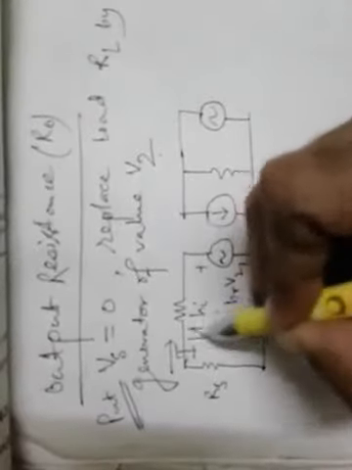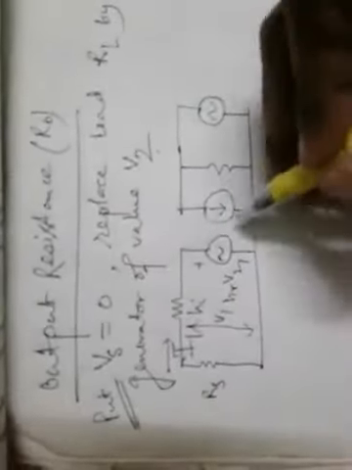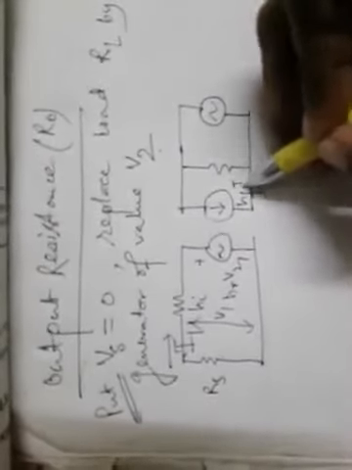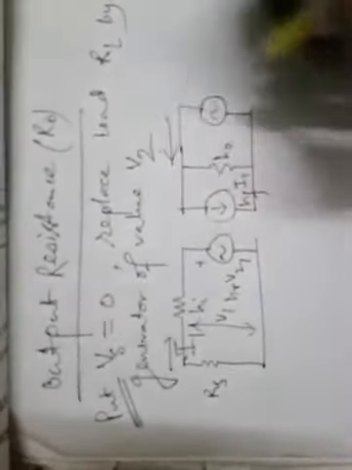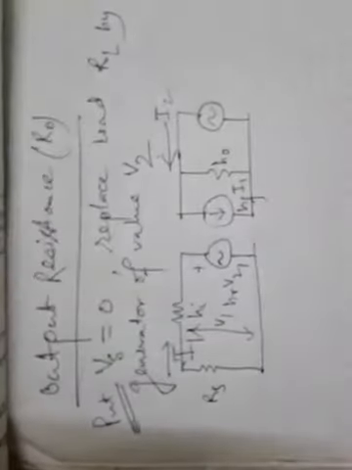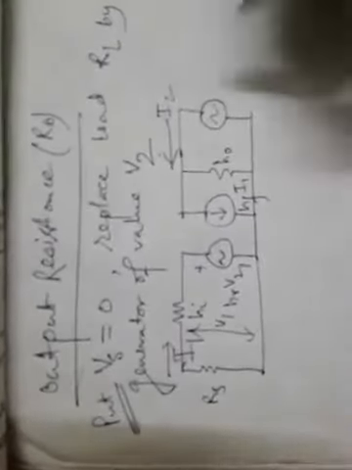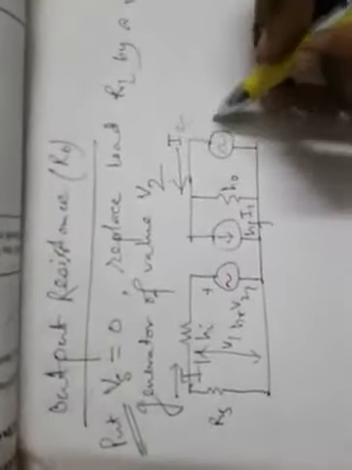We had this as V1, the total port voltage, and this current source has value Hf I1, and this is output admittance Ho. Through port 2, I2 is entering the transistor, and another condition is that the load resistance has been replaced by a voltage source of value V2.